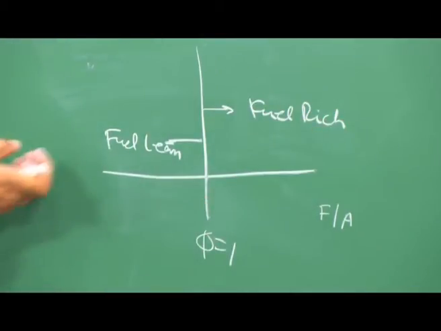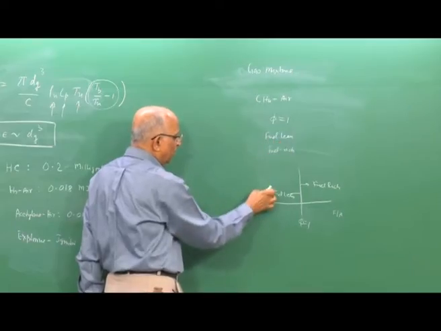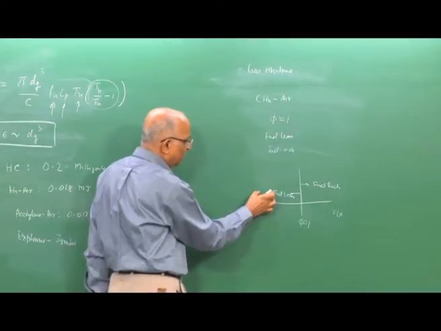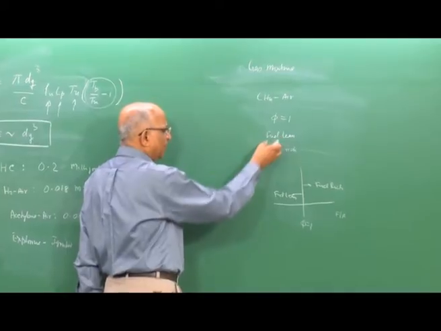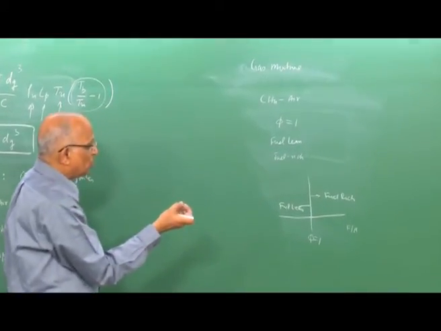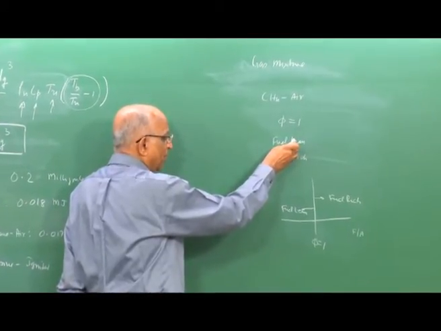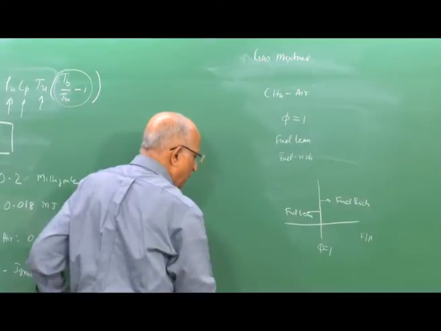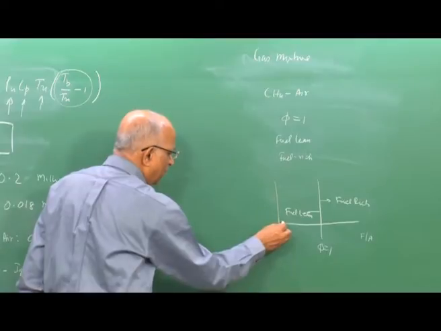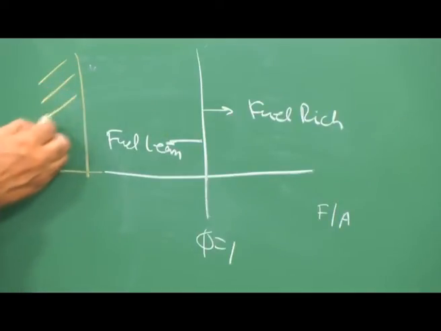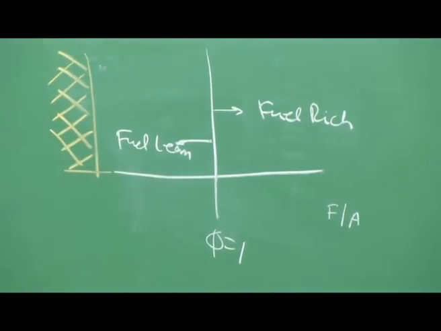If I keep on decreasing the quantity of fuel such that the quantity of fuel in the fuel lean mixture becomes negligibly small, it is so small that even if it reacts, the amount of energy which it liberates is so small that the temperature rise is insignificant and it cannot support a chemical reaction. Therefore, I can hypothesize that for mixtures which are terribly fuel lean, I cannot really form a mixture which can ignite and in which a flame can propagate under steady conditions.